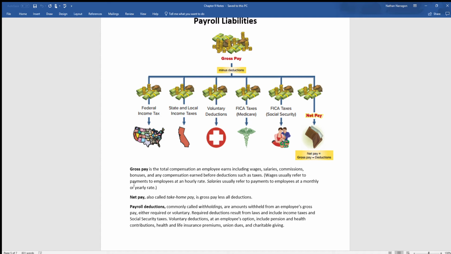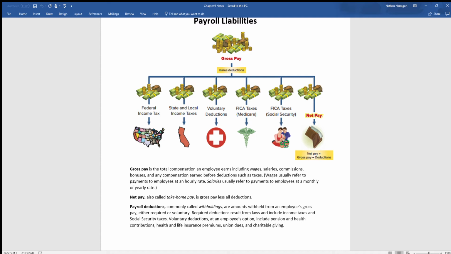The next two that you're going to see are known as FICA. We'll get into FICA in just a sec, but of course that's the Medicare and Social Security that get taken out of your pay. Okay, so we're going to deal with those as we go, but we're about to get into those. But after you take out all those payroll deductions, you get what we usually see on the paycheck.